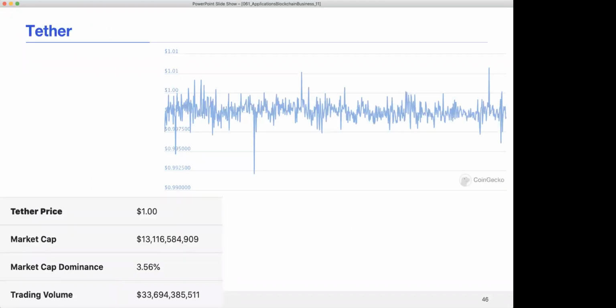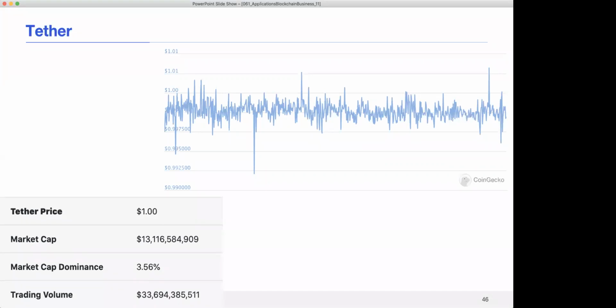Here's the slide. So Tether, as I said, is a US dollar equivalent cryptocurrency. It's a stablecoin, so the idea is that it does things to keep the currency at approximately $1. The market cap is 13 billion, but the trading volume is $33 billion.